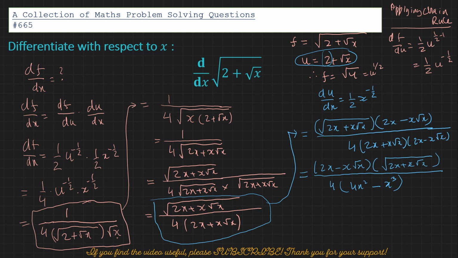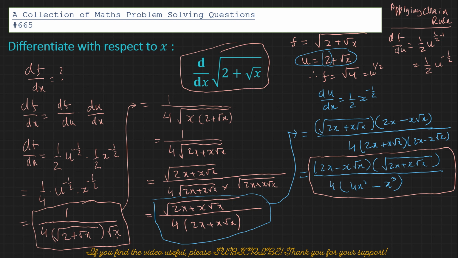You can take x outside the bracket, or else this is a good enough answer. So 2x minus x root x times square root of 2x plus x root x divided by 4 times 4x square minus x cube. We can say this is our final answer for the differentiation of square root of 2 plus root x.